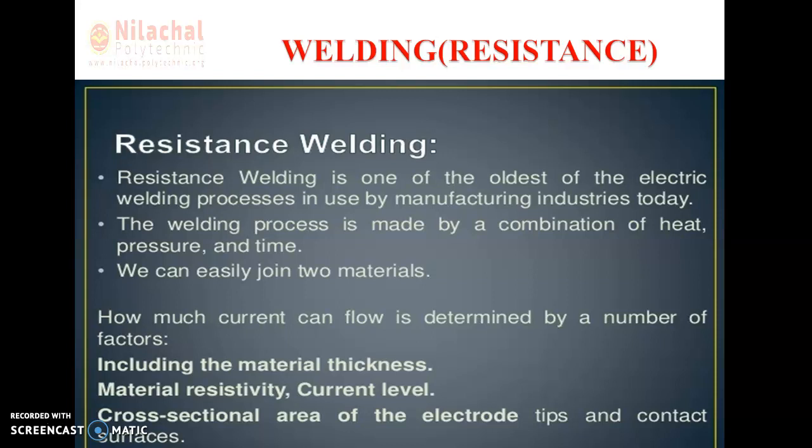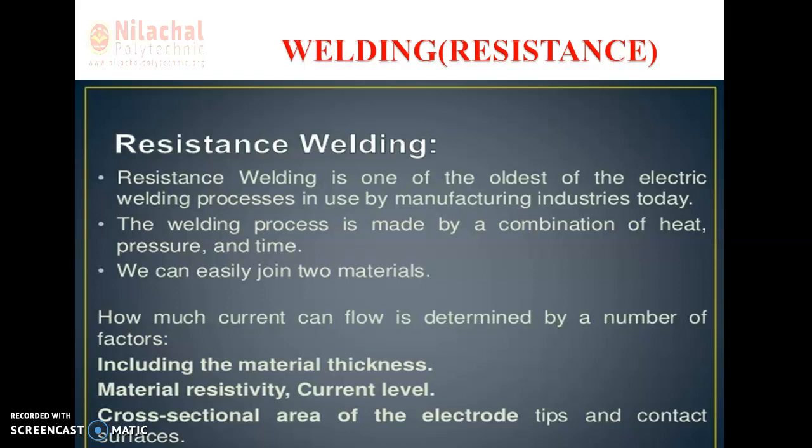In the resistance welding process, all these three parameters, heat, pressure and time, are very important to determine the strength of the weld. We can easily join two materials by using the resistance welding process.